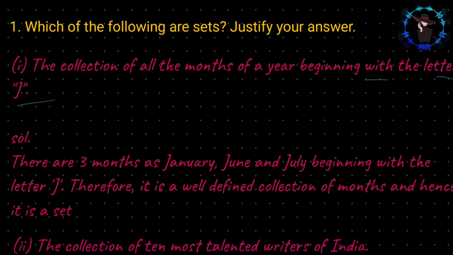The months that start with the alphabet J. First comes January, second comes June, the next is July. So we have 3 months that start with J. So yes, it is a set.